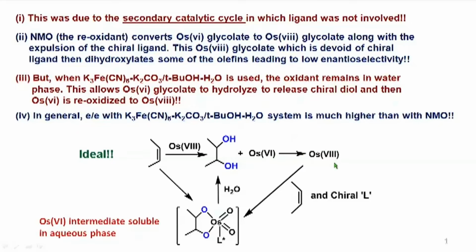This osmium tetroxide then interacts with the chiral ligand, and the osmium 8 modified with the chiral ligand then reacts with the olefin and forms this type of osmium 6 intermediate, and the reaction continues. Because of this, in general it was found that the enantiomeric excess of the diol with the potassium ferricyanide, potassium carbonate, tertiary butanol water system is much higher than with just NMO.